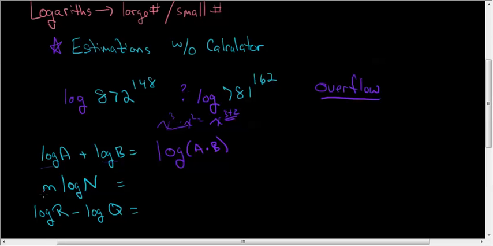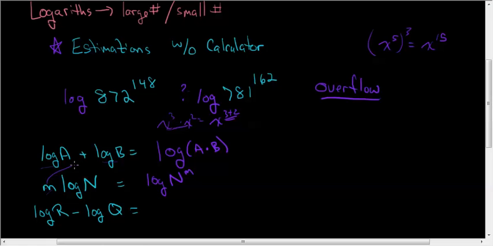And a number times an exponent, let me put it over here, x to the 5th cubed, that would be 3 times that exponent, x to the 15th. So a number times an exponent is log of n raised to the m.